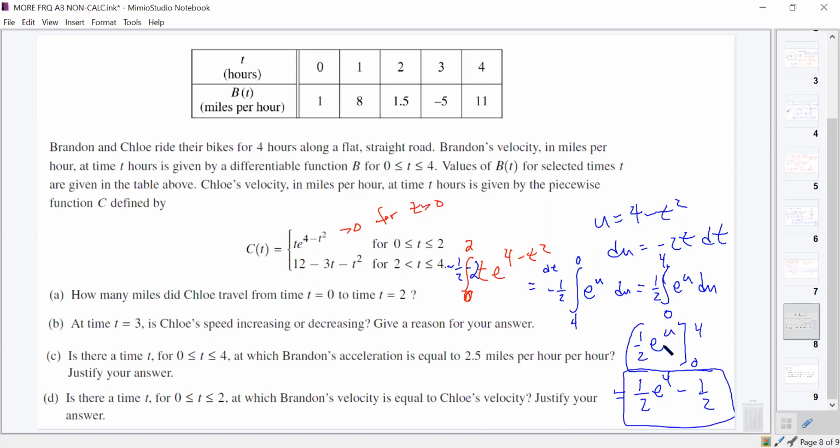And I guess that's the number of miles. So they gave you 3 points for that, 1 for setting up the integral correctly, 1 for getting the correct antiderivative, and 1 for the final answer. Good there on B or no?